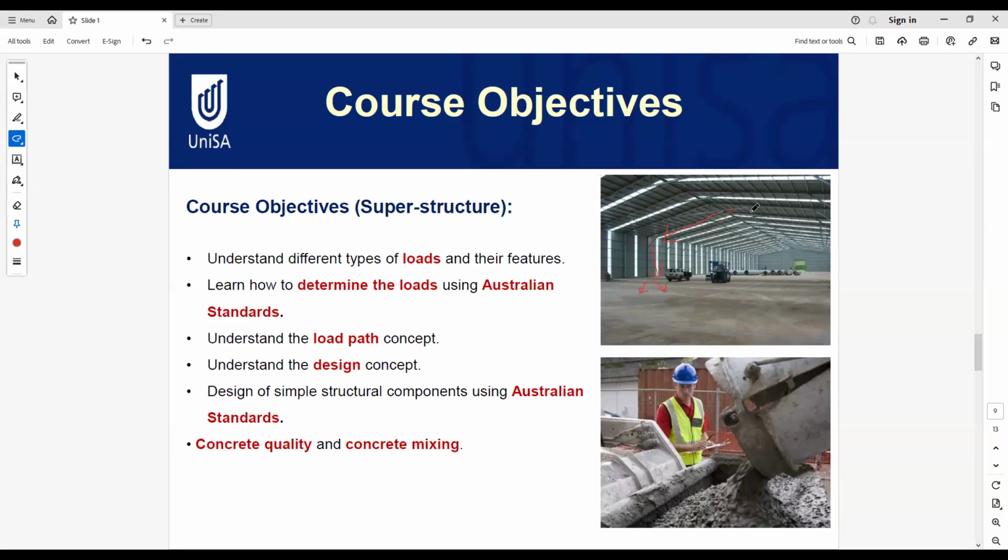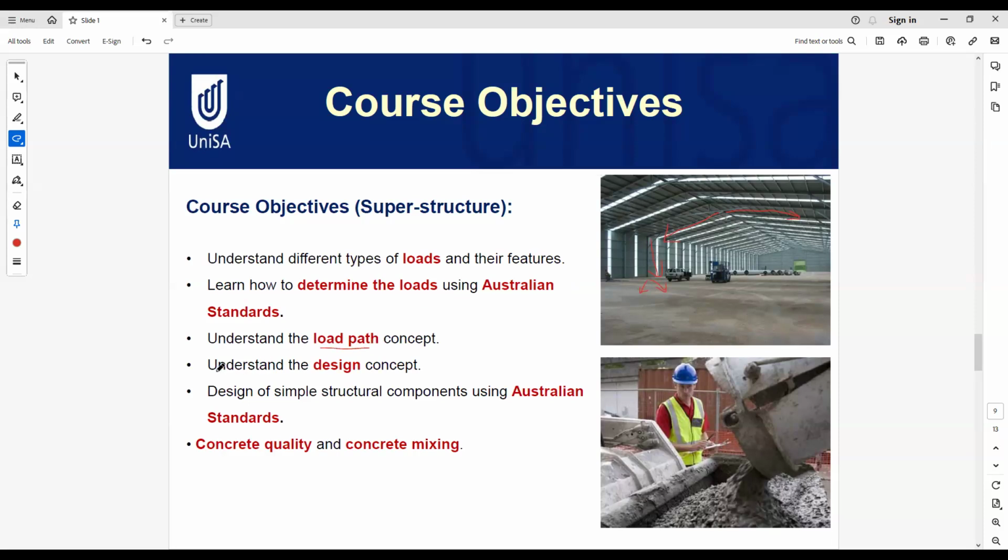Similarly on the other side. So the load transfers from the roof sheeting to the purlin, to the rafter, and then to the column, to the footing, and finally to the ground or soil. This is the load path.